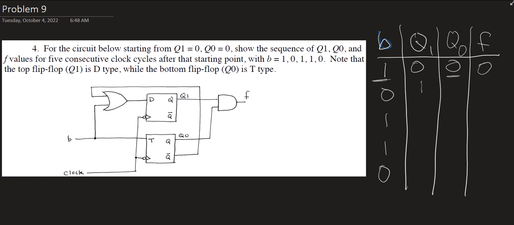Q0 is a T flip-flop, and the T flip-flop is going to look at what it was before, and based on what B was before, it will determine what it's going to be. So last clock cycle B was 1. That means toggle, so Q0 is going to be 1. Now the AND does not depend on the clock, and so the AND is just going to be the AND of these two right here, which is 1.